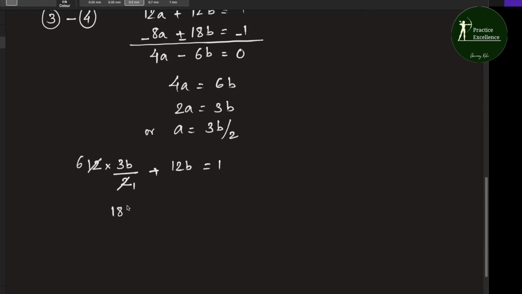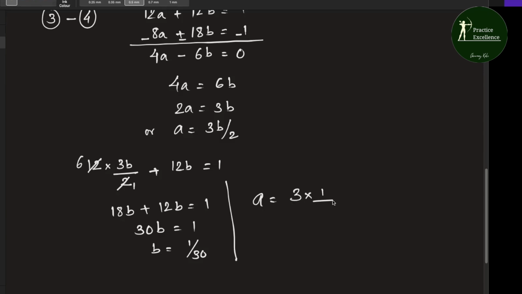This gives me 18b plus 12b equals 1. 18 plus 12 is 30. 30b equals 1. B equals 1 by 30, right? And now with this information known, I can calculate a. A is 3b upon 2, which is 3 into 1 upon 30 into 1 upon 2. This is 3, this is 10, this is 1 upon 20.